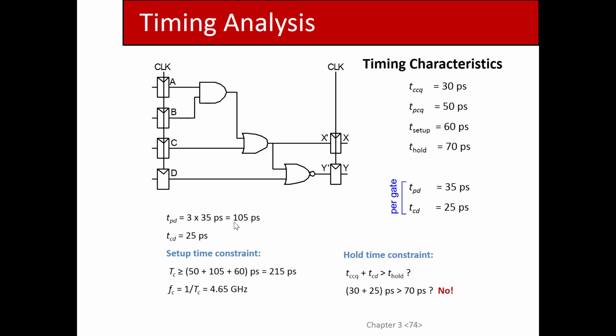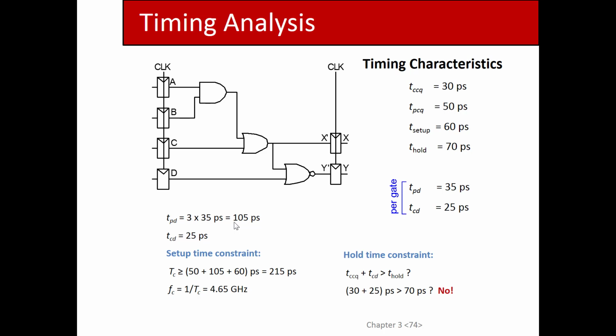I'm going to figure it out because my clock period has to be long enough to allow for the propagation of the registers, which is 50, plus the propagation of the logic, which is 105, so that's 155, plus the setup time for these guys, which is 60. So 50 plus 105 plus 60 has to be at least 215 picoseconds.